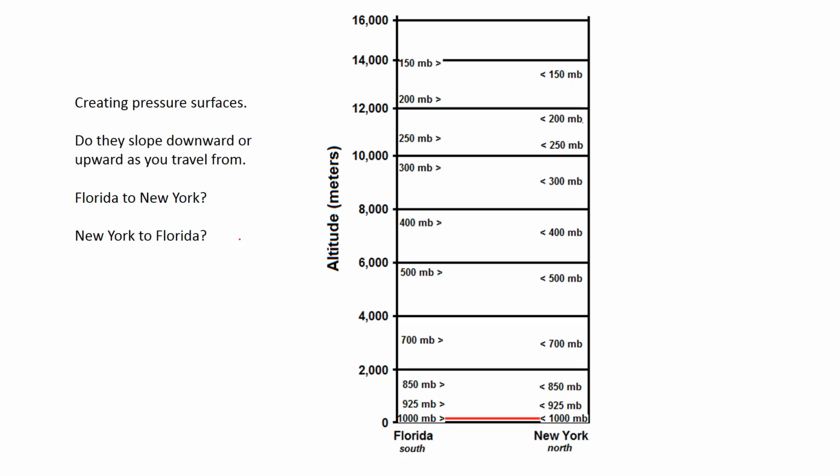So let's see. Okay, so basically what they want you to do is connect the 2 arrows of same pressure. So here, connect the 150 millibar arrow at Florida to the one at New York. That looks more like a curve. You could use a straight edge if you want to.